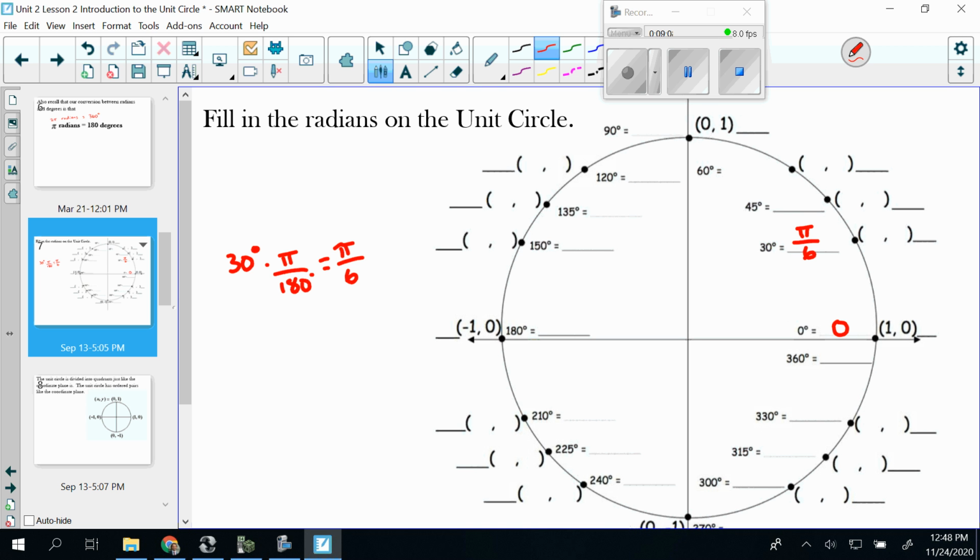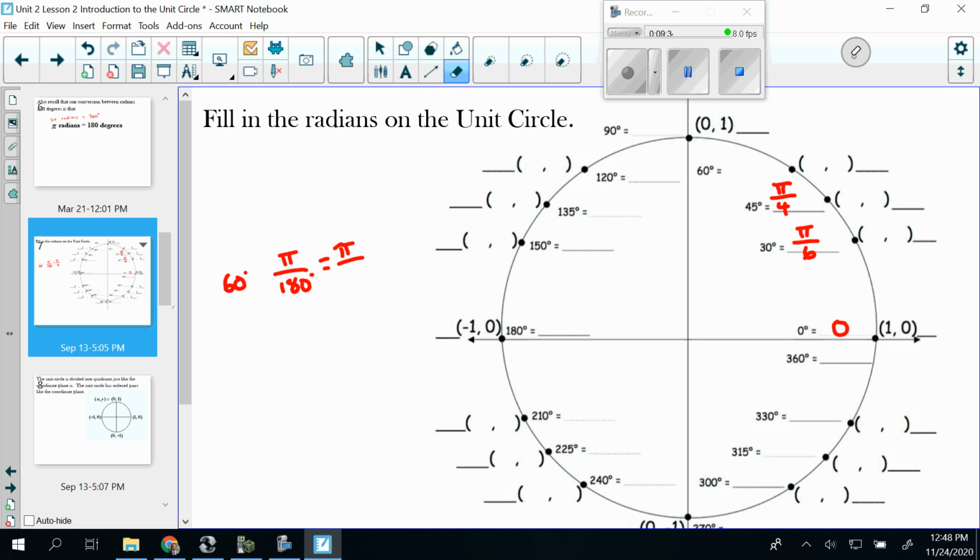If we did the same thing with 45 degrees, and times it by this. Now how many times does 45 go into 180? It goes in 4 times, so we get pi over 4. If 60 degrees was our starting one, how many times does 60 degrees go into 180?